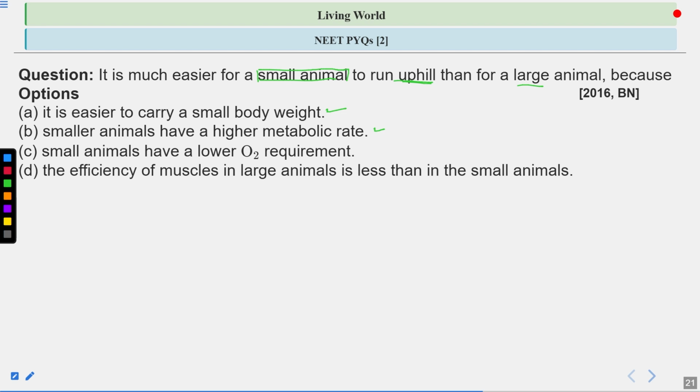Clear? Then option C: small animals have lower oxygen requirement. Do small animals have lower oxygen requirement because they have a small body? Then option D: the efficiency of muscles in large animals is less than in small animals. Here they are talking about muscle efficiency. So what would be the correct answer for this question?